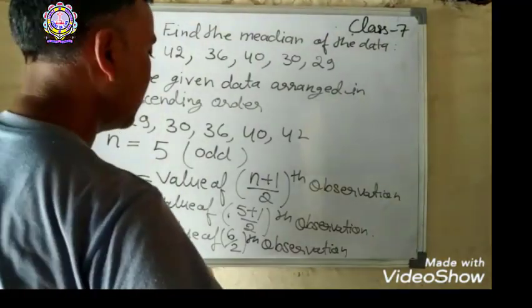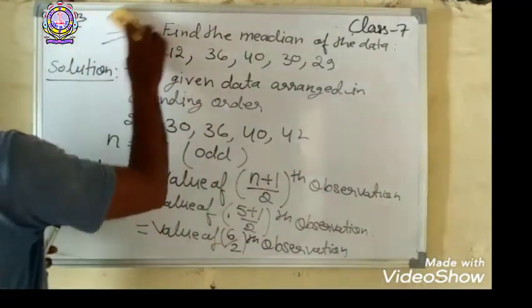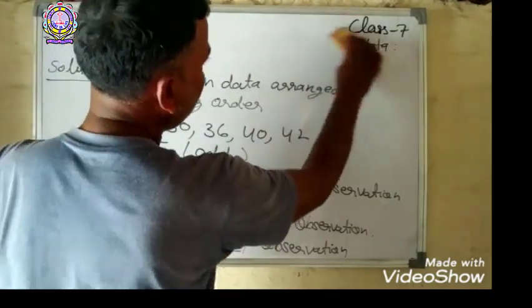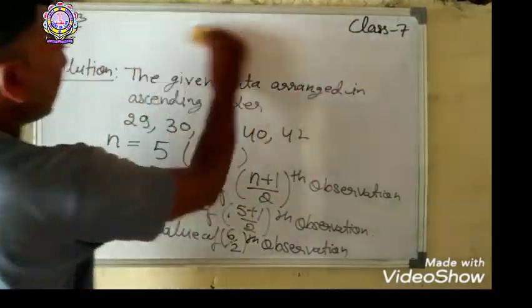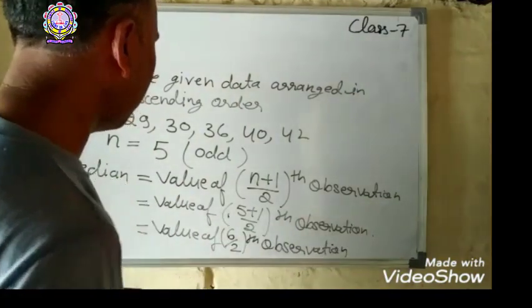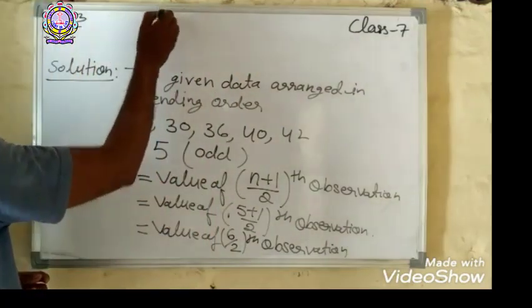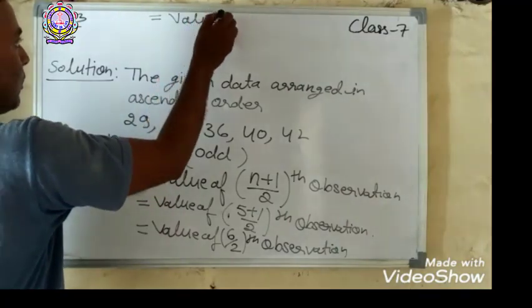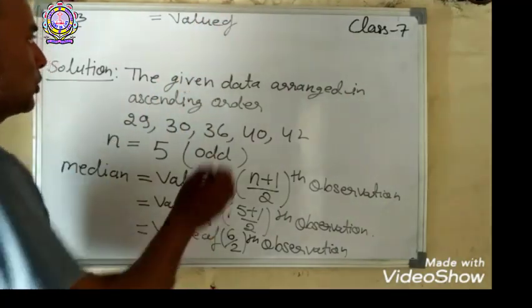Now we write the answer above. Check here because my whiteboard is too small. So now check the above: it is equal to the value of 6 divided by 2, which is 3.